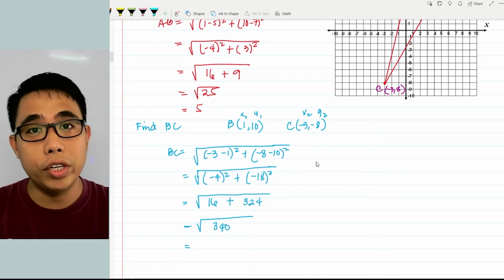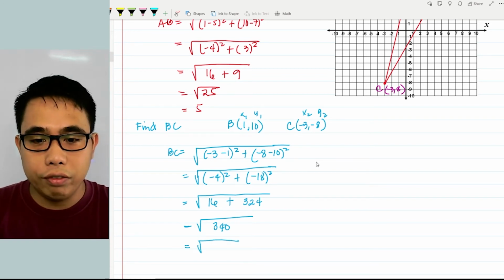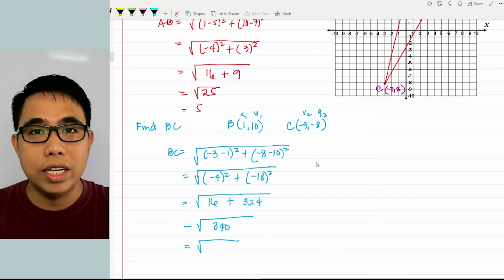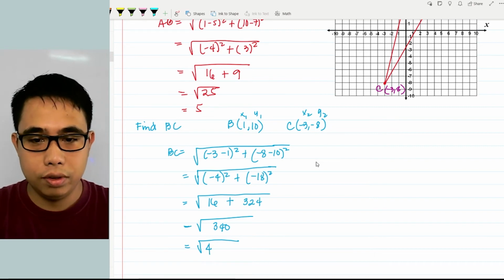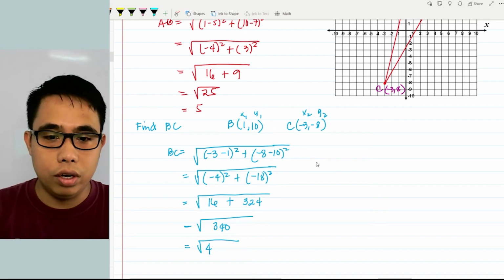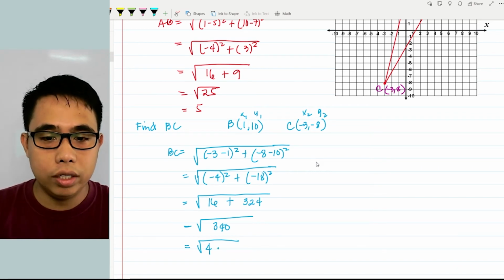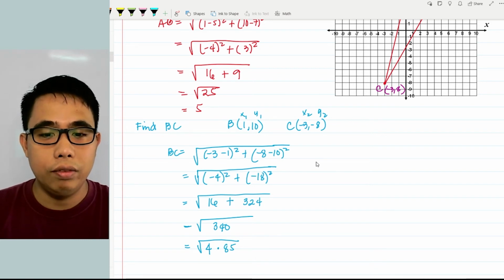Now, 340 is not a perfect square, so we factor 340, wherein one factor is the largest perfect square, and that is 4. And 4 times 85 is equal to 340.